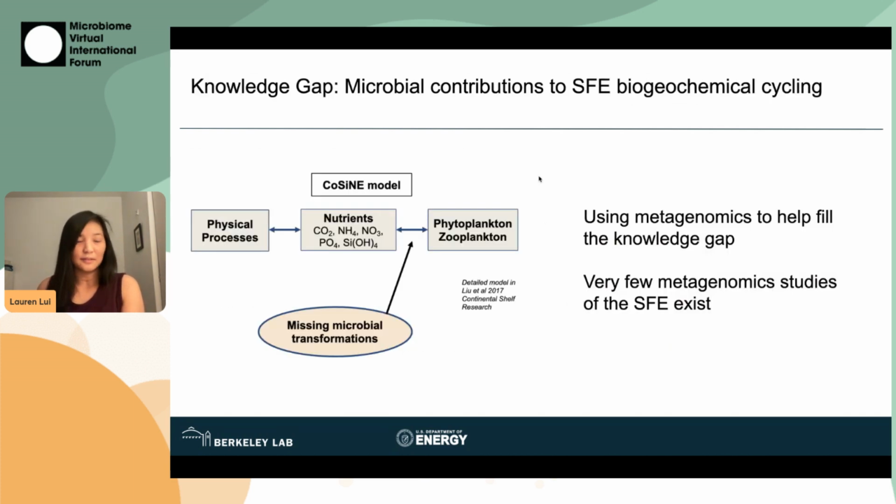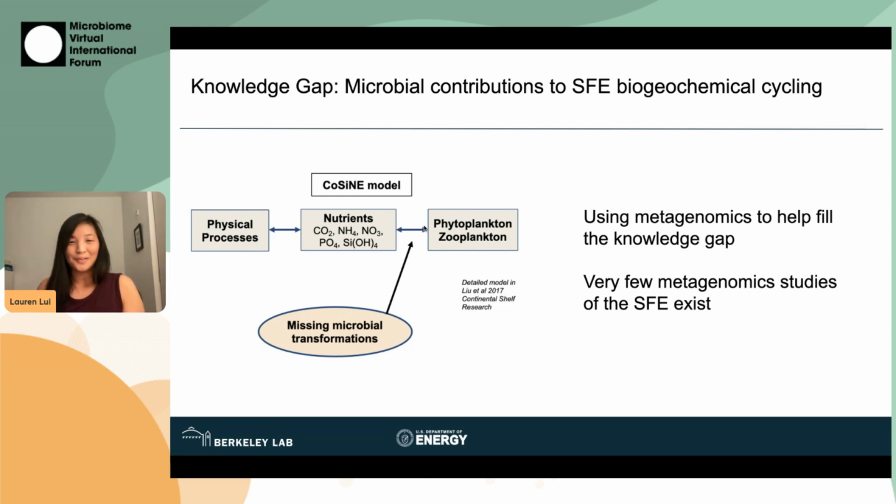In terms of trying to manage what's happening with the nutrients, people have made biogeochemical cycling models, like the cosine model, but it only coarsely represents microbes in terms of phytoplankton and zooplankton, and it basically just has these organisms transform nutrients in this way.